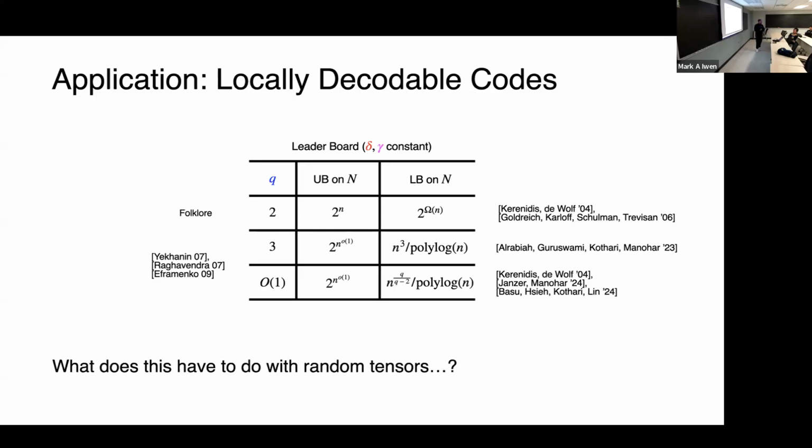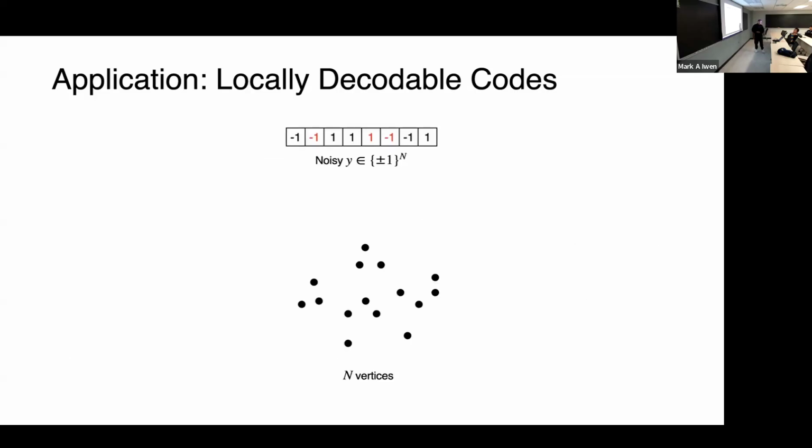Okay, so what does this have to do with random tensors? Well, what I can do is the following. I can show that any LDC might as well be of the following form. For every bit in the message, I'll make a vertex in some hypergraph.